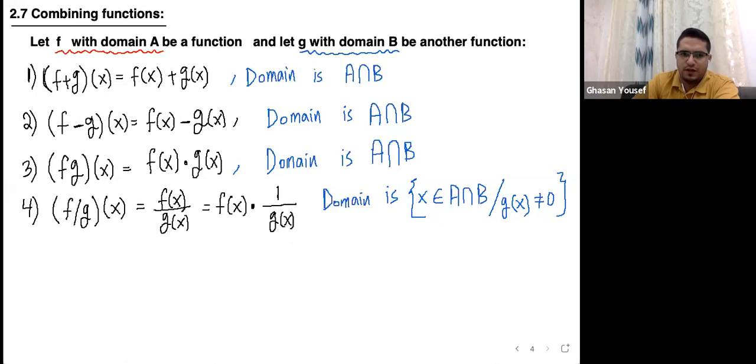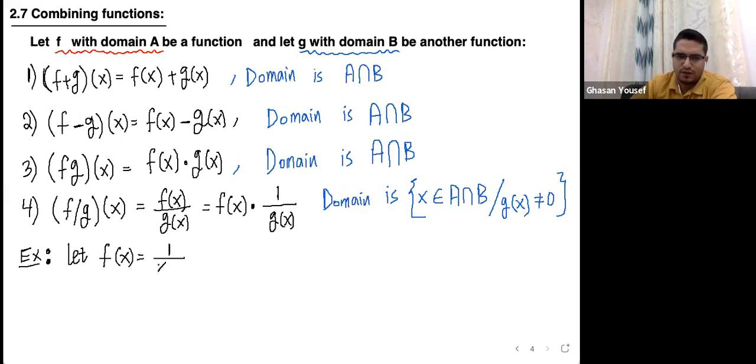Okay, if no question, I'm going to give an example. So let the function f of x equal 1 over x minus 3, like this.